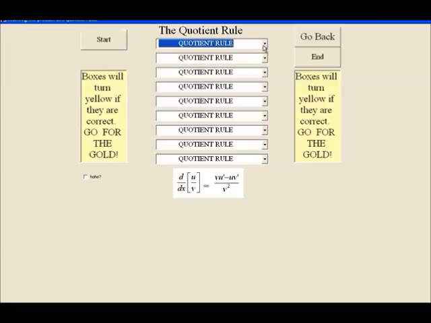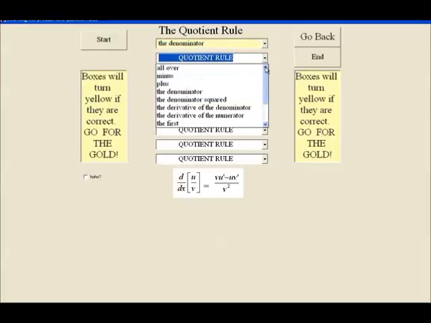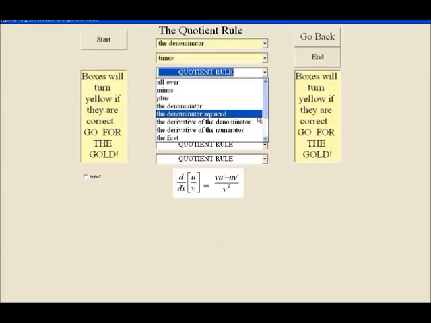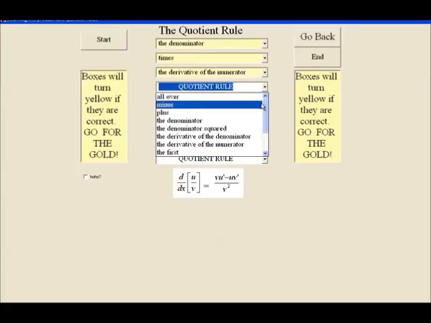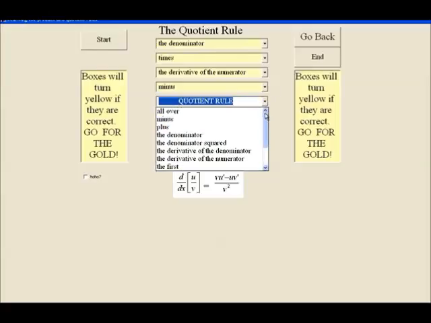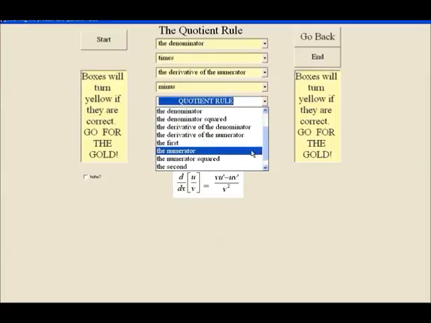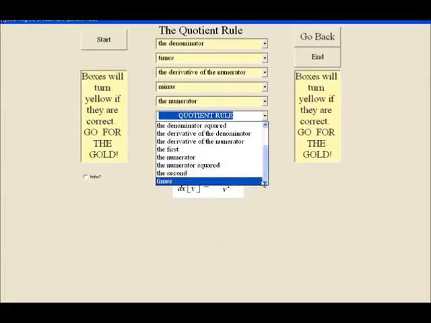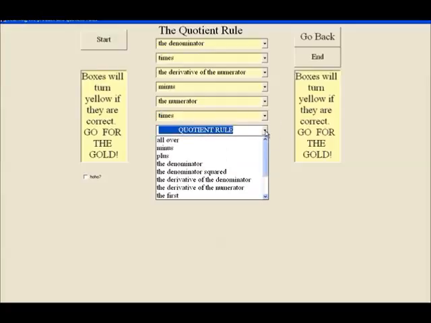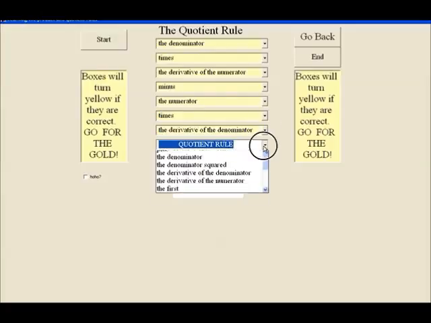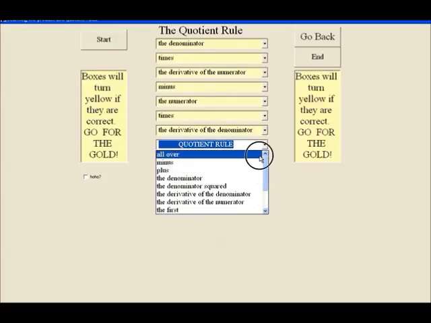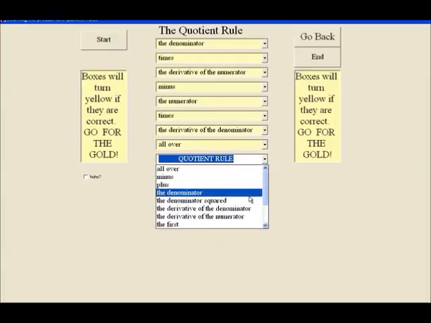So the quotient rule is the denominator times the derivative of the numerator minus the numerator times the derivative of the denominator, all over, it's been a year, the denominator squared.